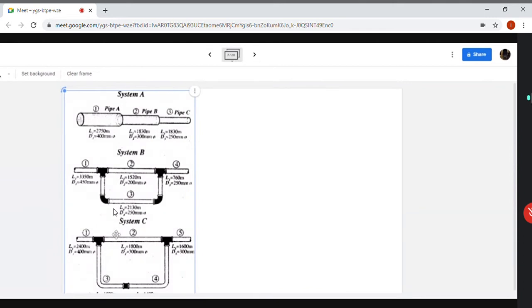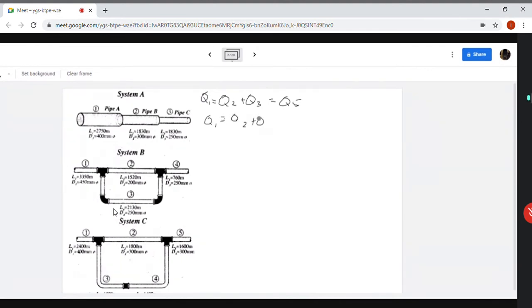Okay, so the equations you can formulate here are Q1 is equal to Q2 plus Q3 is equal to Q5, or Q1 is equal to Q2 plus Q4 equals Q5, and head loss 2 is equal to head loss 3 plus head loss 4.